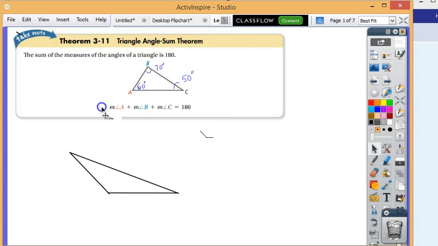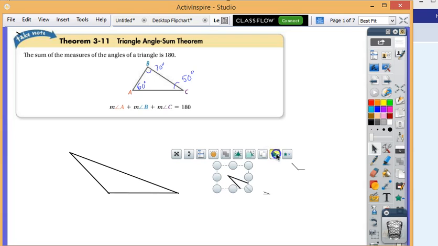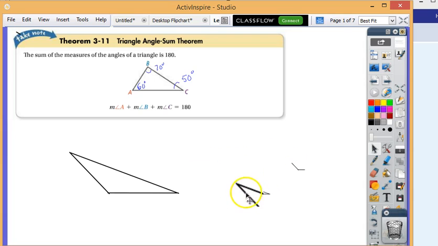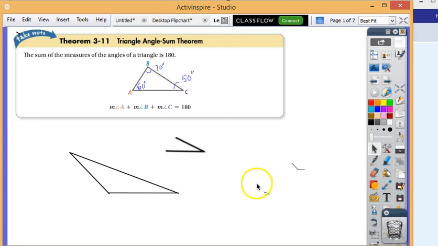So now I've got this angle, this angle, and this angle. Let's make them all a little bit bigger so I can see things better. What I'm going to do is rotate these angles around and put them together so they would all be adjacent angles.